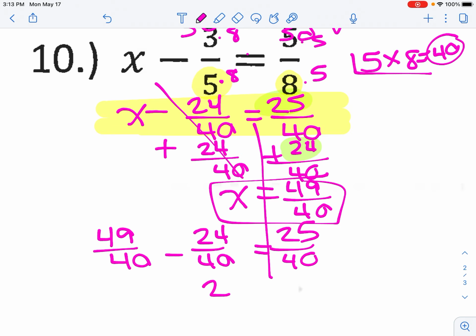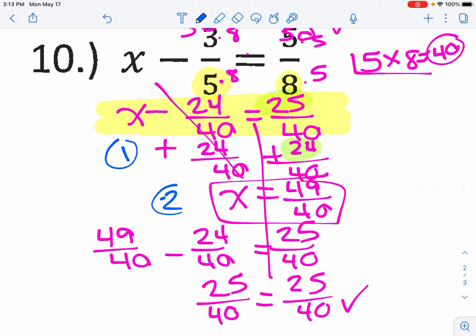Yes, 49 minus 24 is 25. So 25/40 equals 25/40. Check. How many lines to solve? 4. Inverse operation. Box your solution. Substitute for your variable, and check.